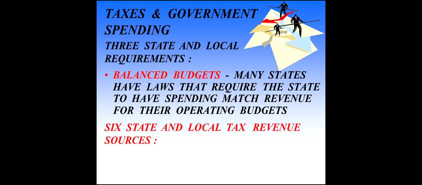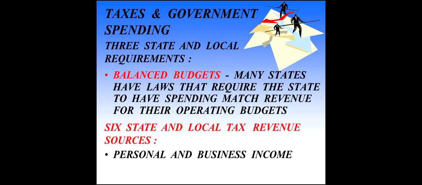Now, let's take a look at where state and local governments get their tax revenue from, the sources. Well, similar to the federal government, state governments and even some cities, municipalities, have personal and business income tax laws on the books.